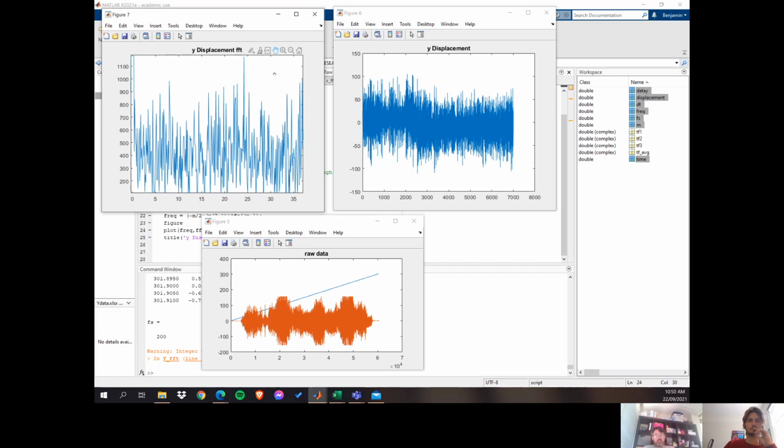Because your sample frequency is 200 hertz, if you do a window which is 400 data points long, that's going to give you enough samples to do a proper FFT, and you won't lose any resolution. It'll take you down to about half a hertz resolution.